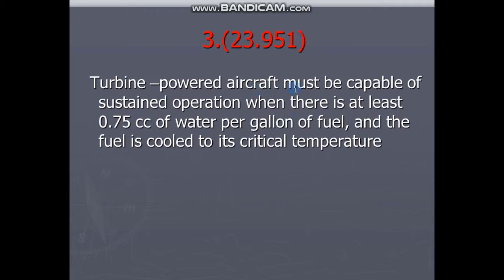Turbine-powered aircraft must be capable of sustained operation when there is at least 0.75 cubic centimeter of water per gallon of fuel, and the fuel is cooled to its critical temperature.